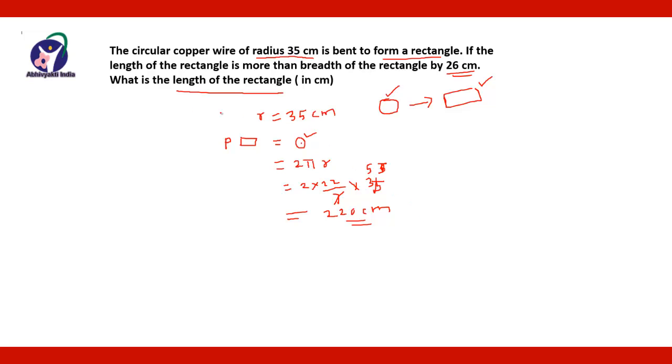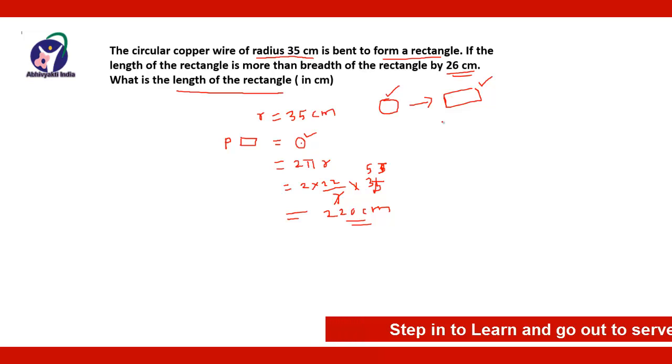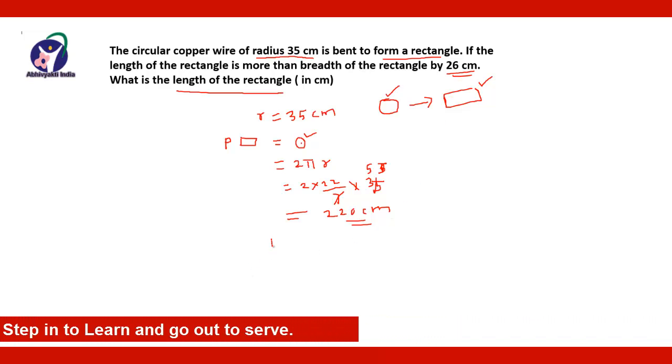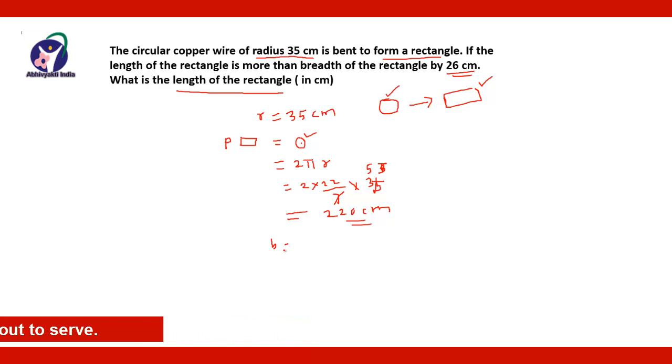Now, as per the condition that the length of the rectangle is more than the breadth of the rectangle by 26 centimeter, if the breadth of the rectangle is equal to x, then the length of the rectangle will be x plus 26.